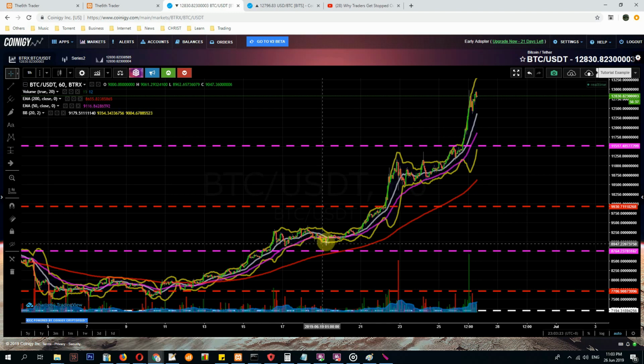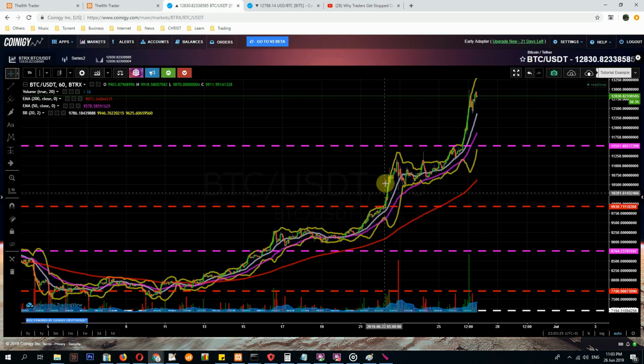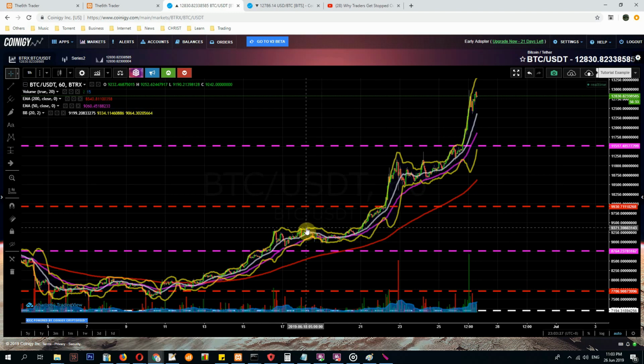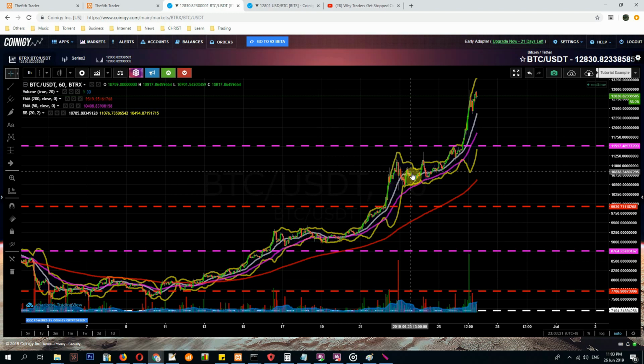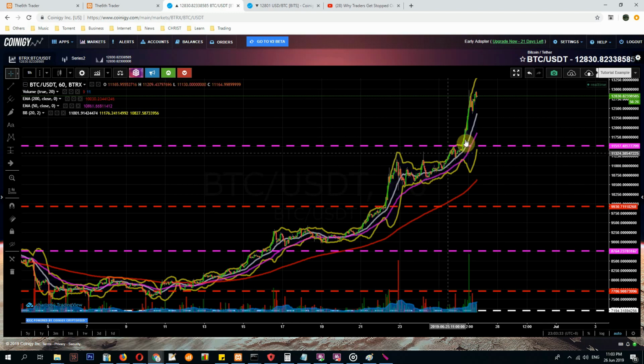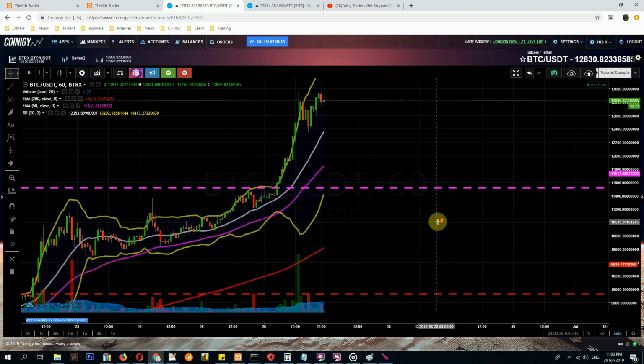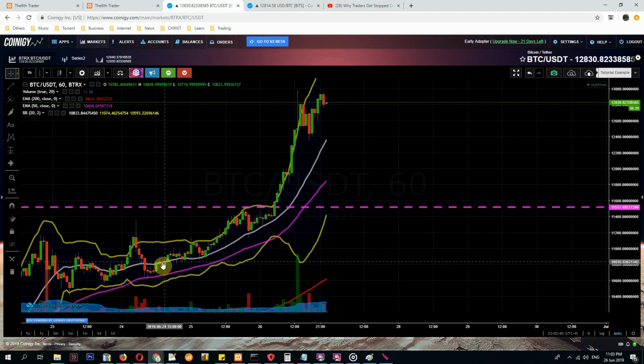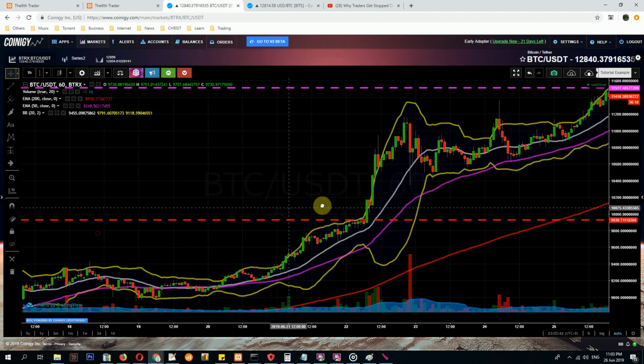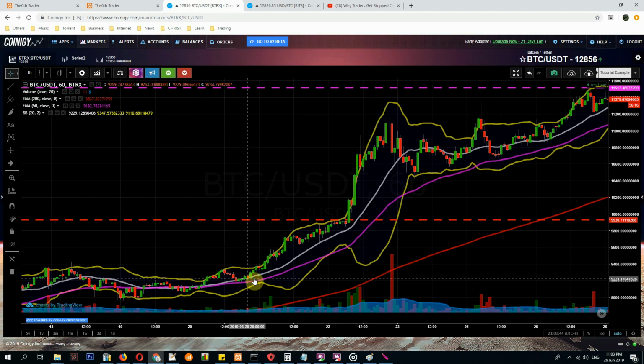Every time it hits the 50, it goes up. Every time it retraces to the 50, it impulses. On the short term, when you zoom in, it respects the 20.